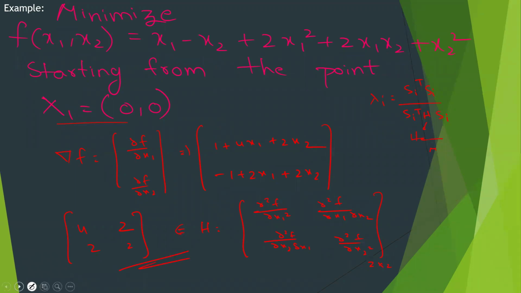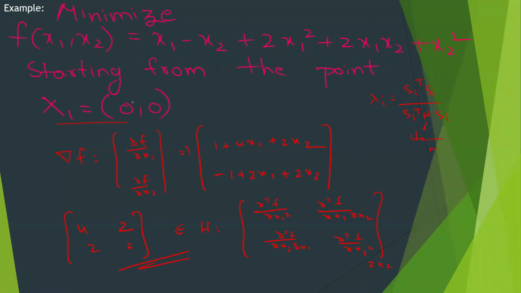So now I need to find x2. That is iteration 1. So x2 is equal to x1 plus lambda 1 into S1. I know S1 is equal to the negative of the gradient, that is del of f of x1.